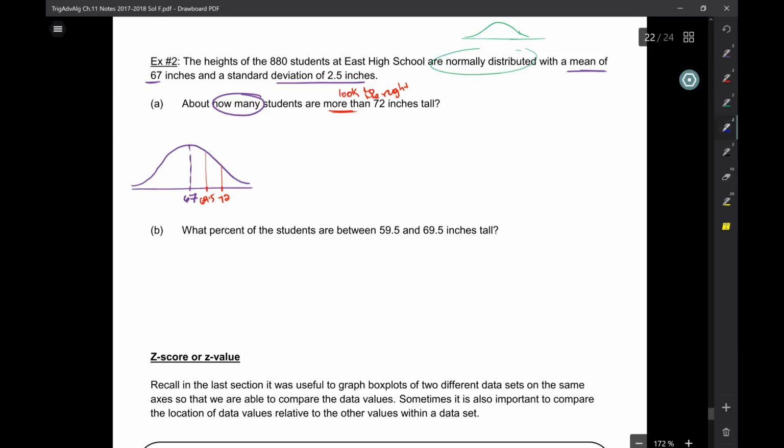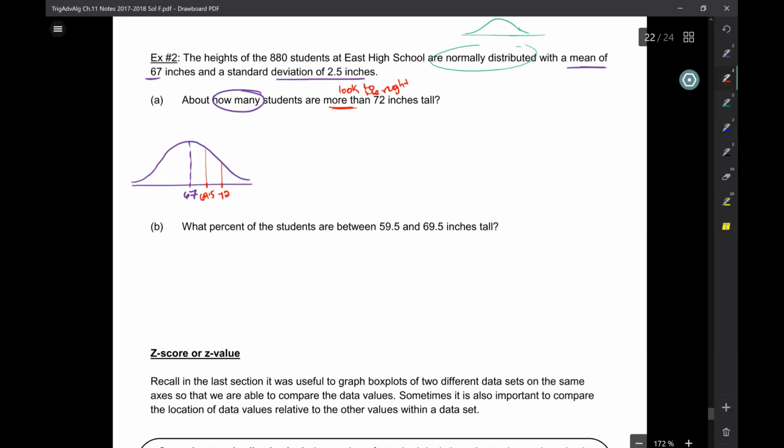Now, how many students are more than 72 inches tall? So, if I go here, look, how much is this? That's 95.